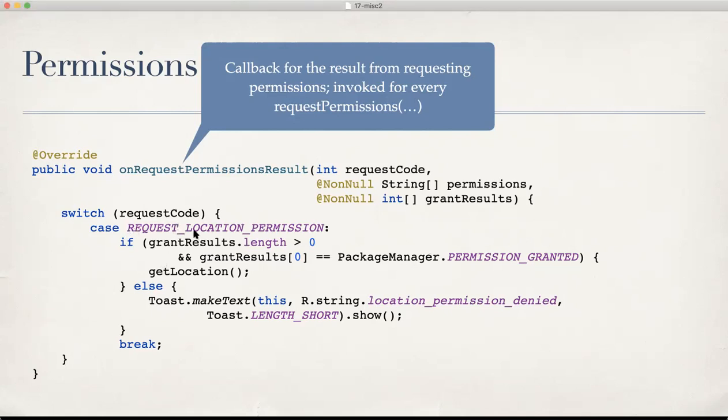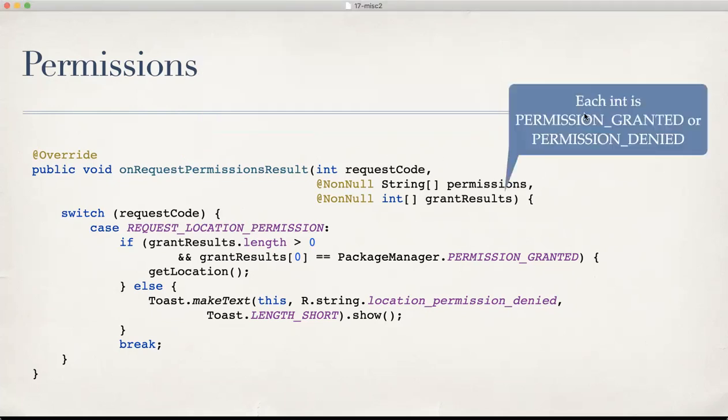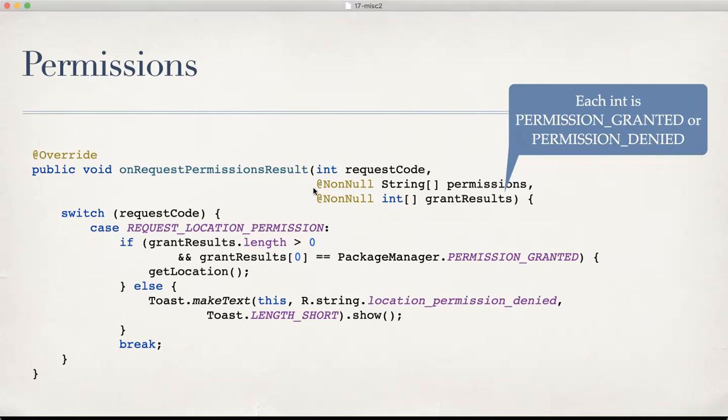So that's where the code comes into the picture. The parameters of this method are the request code, a string array of permissions, and a matching int array of grant results. You can check each one of them in this method. Each int in that int array can be either permission granted or permission denied. Neither of these will be null, as indicated by the annotation here.